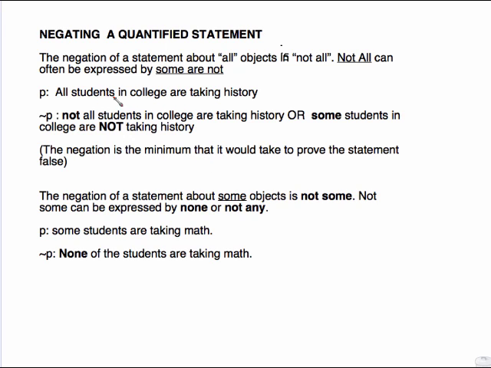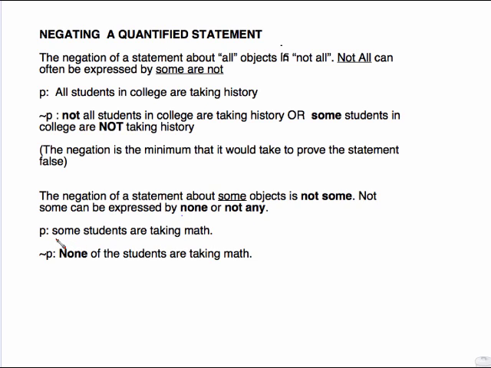The minimum to prove this statement false would be to find one student or to find some students that are not taking history. If you're going to negate a statement about some objects, the negation is not some, which is really weird phrasing. So not some can be expressed either by saying none or not any.